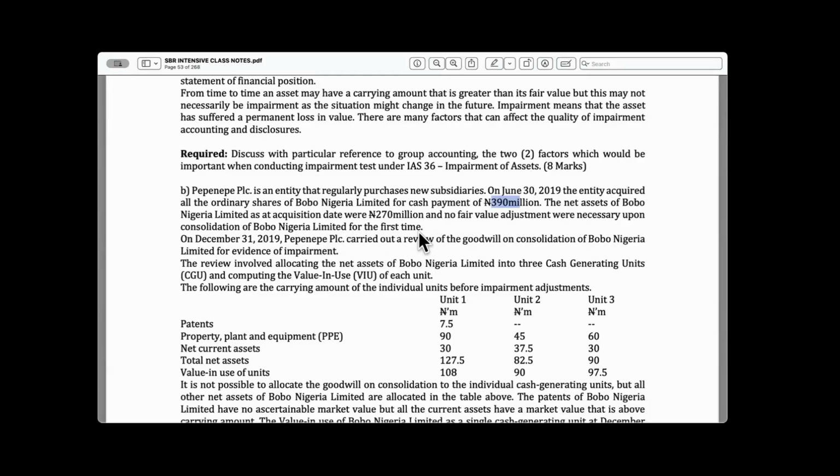So we're told that as at the year end, the company, the parent, carried out a review of the goodwill on consolidation. Don't forget that the goodwill is 120. So the guy said he wants to review the goodwill for evidence of impairment. And in order to do that, the review involved allocating the net asset of Bobo into 3 CGUs.